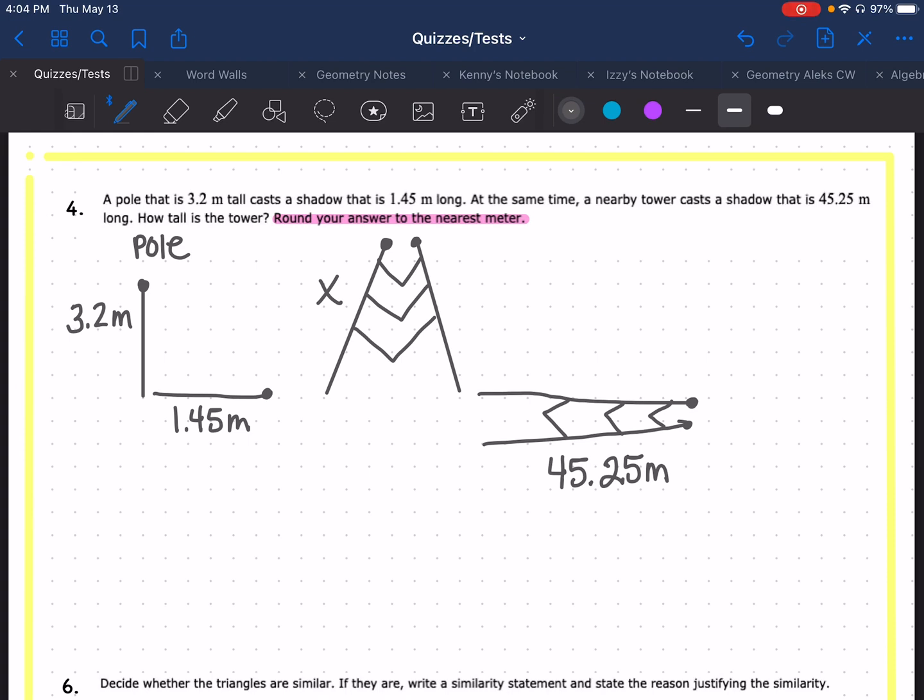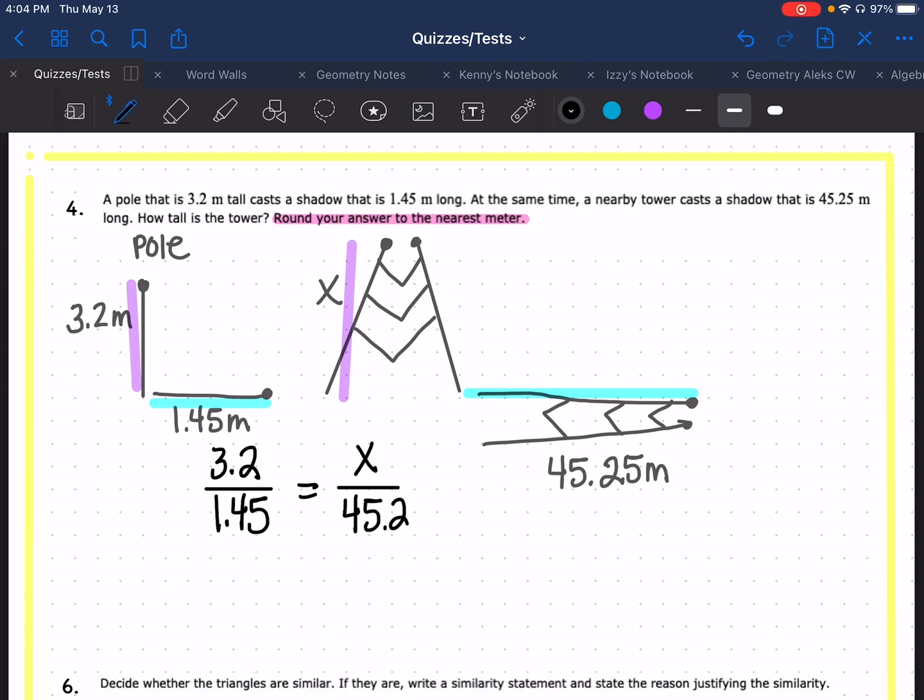All right, I'm going to go ahead and set up a proportion. And let me grab my darker color here. There we go. Now, one thing that I can do is set up the height over the shadow, the height over the shadow. So I'm going to say the height of the pole over its shadow is equal to the height of the tower over its shadow.